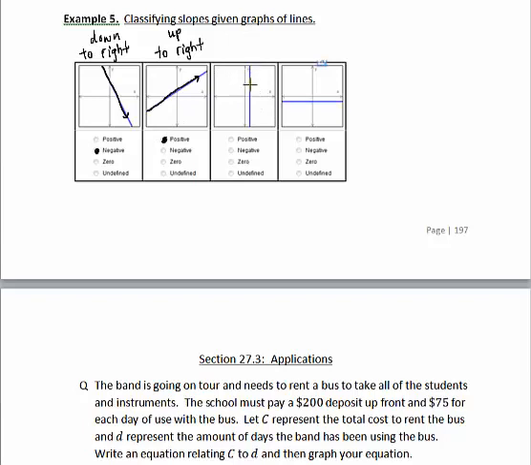Okay, this line is vertical. Okay, it's parallel with the y-axis. And so this is what we call an undefined slope. It's vertical. And our last line is horizontal. Okay, and the slope is 0.